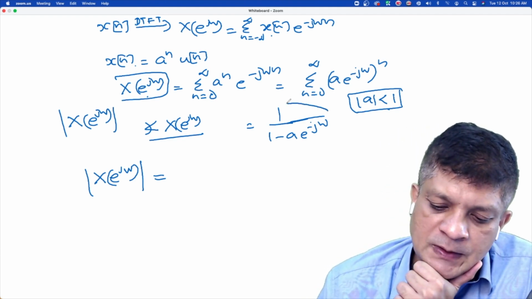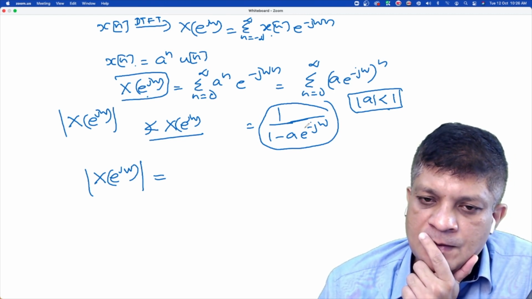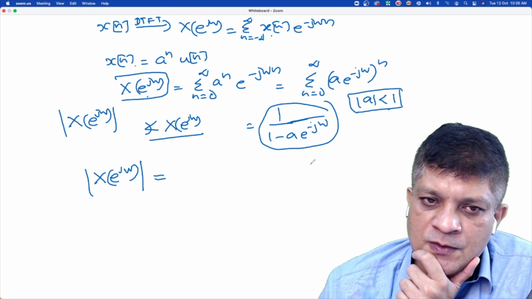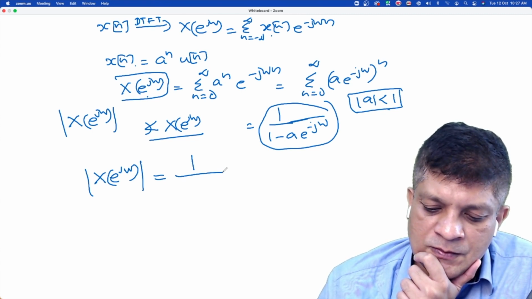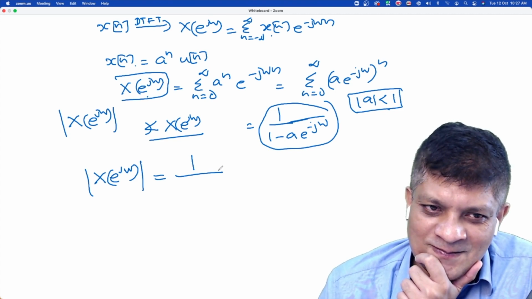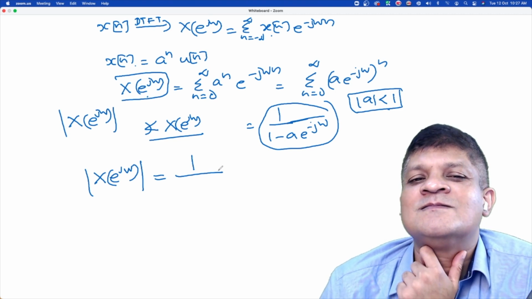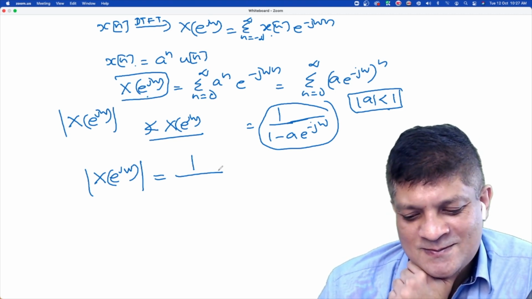Is it a complex valued function of omega? Yes. Then what is the magnitude of that? It is 1 upon root of 1 plus a squared minus 2a cos omega. What is this?